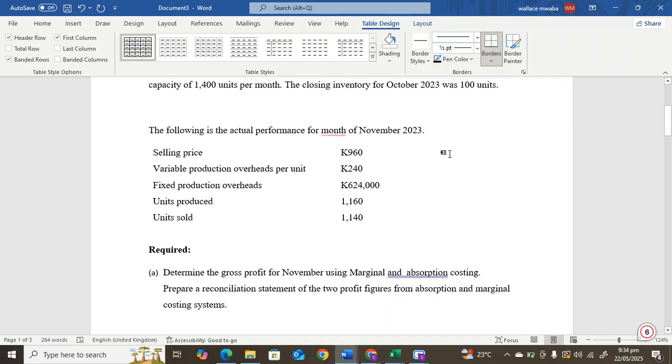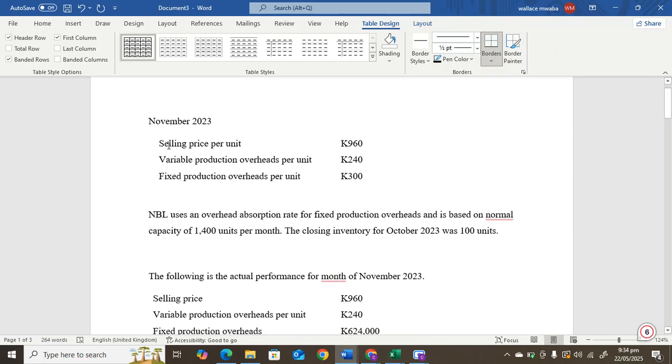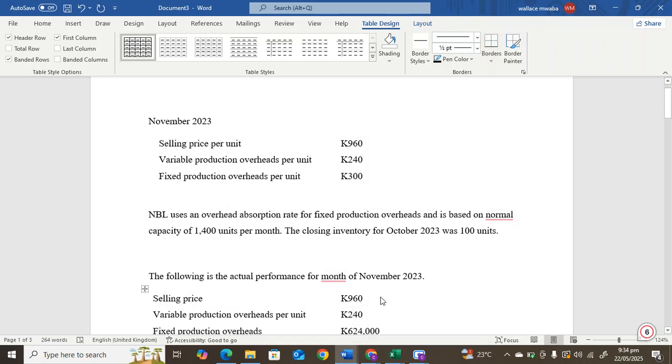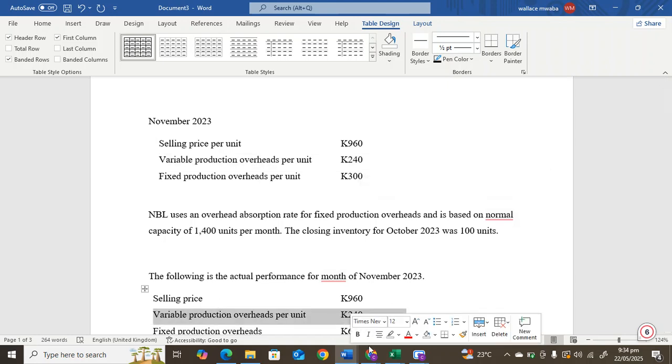Now, colleagues, notice this. Even though this is the budgeted one and this is the actual one, you are going to use the actual one. Even for variable production overheads per unit, this is what's budgeted, here this is the actual one. You are going to use the actual one.